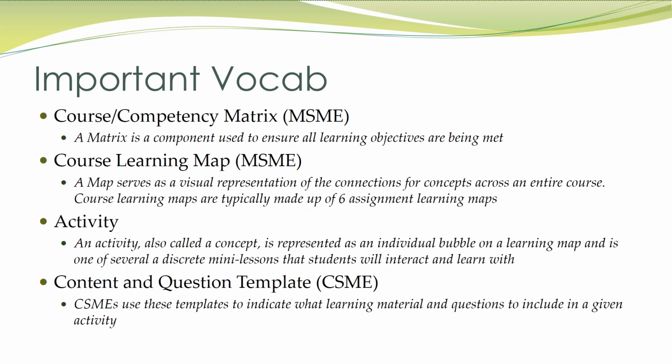And that's essentially just a small, discrete mini lesson that is presented to the students, and that's where they get presented their learning material. And then where our curating SMEs come into the fold is through the use of our content and question template. That's where CSMEs will input the questions, the quiz questions, and the learning material that are tied to a particular activity that is part of this larger course map.